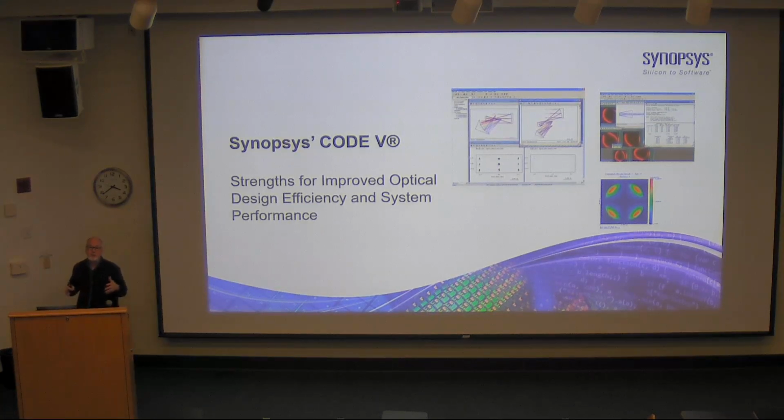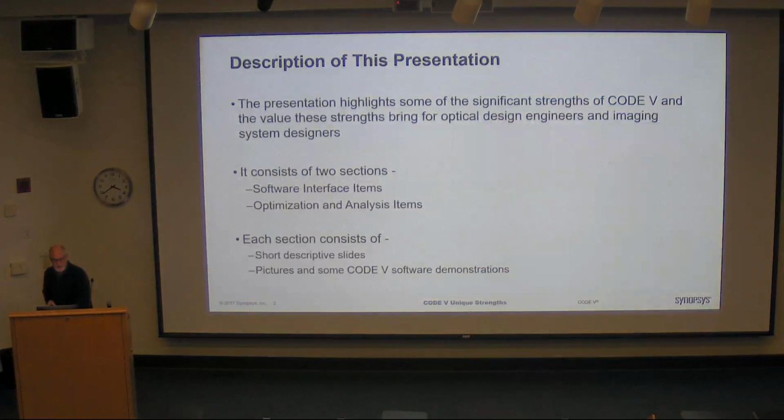But I do want to give you a flavor of what the software does for optical design, because even if you aren't doing optical design yourselves, as imaging experts dealing with other folks in the world of optics, you may have to interface with an optical designer, and this will give you a sense of the tools and perhaps the way they think.